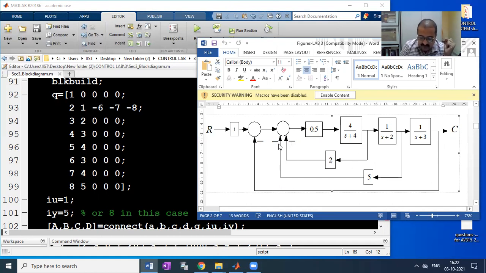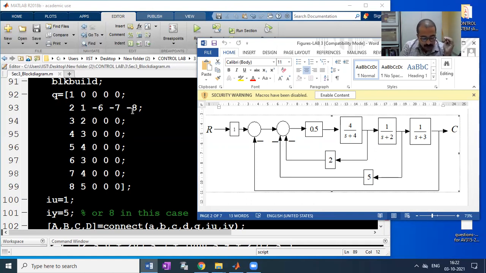Block number 7, the signal is coming as negative feedback. And again, from block number 8, the signal is at negative polarity. So what will be the entries of the remaining columns in the second row? They should be 1, -6, -7, -8.